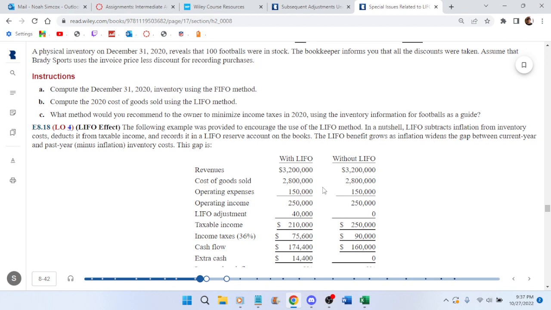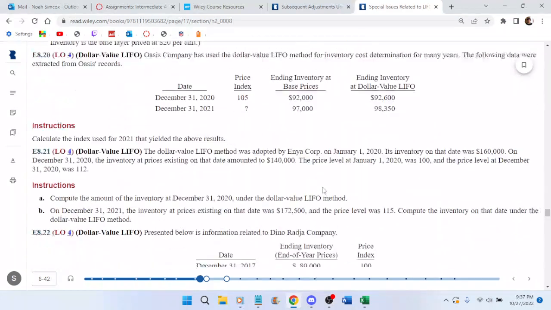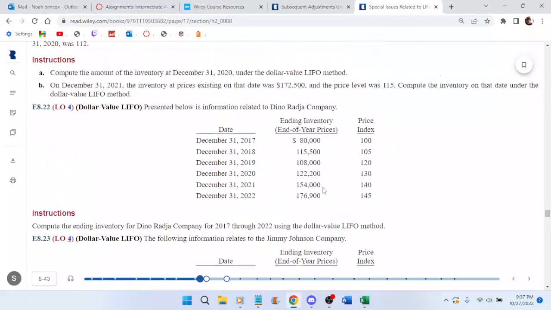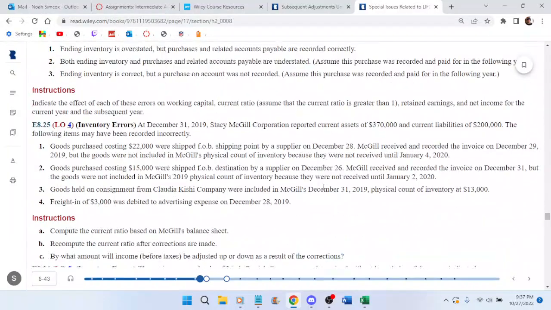I bet I'm never going to encounter dollar value LIFO in my entire life after this point. LIFO in general is kind of stupid anyway.